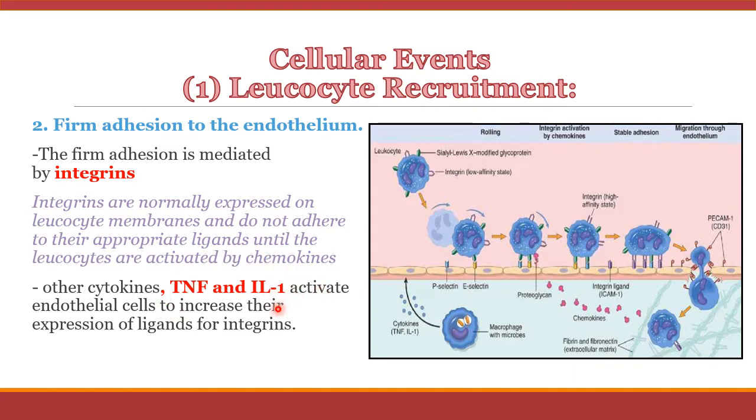They are responsible for many other steps also in inflammation, and here the main role is to express more integrin ligands on the surface of endothelial cells to prepare for the firm adhesion between the endothelial cell and the neutrophil. Now the neutrophil is completely stuck to the endothelial cell, and next it's going to start to go out of the vessel wall to the interstitial tissue.